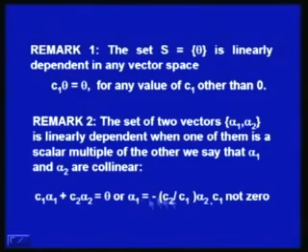So alpha 1 is written in terms of alpha 2 if C1 is not 0. Of course, if C2 is not 0, then you can write alpha 2 equal to minus C1 by C2 times alpha 1. This way we can say that the two vectors are collinear.